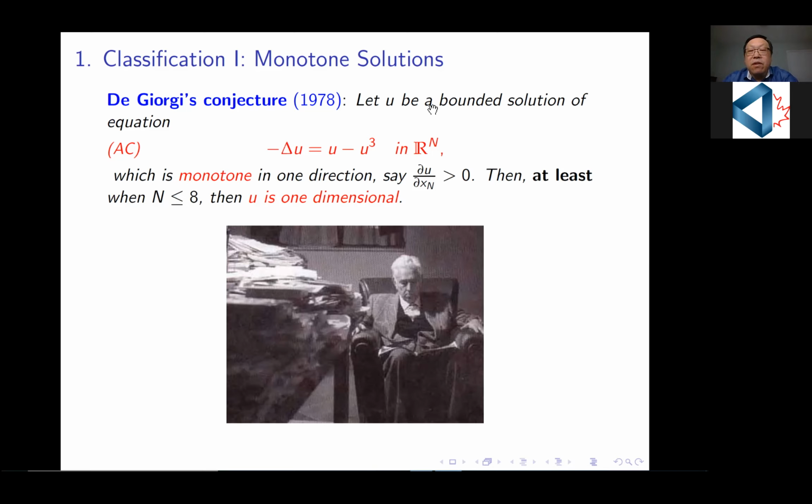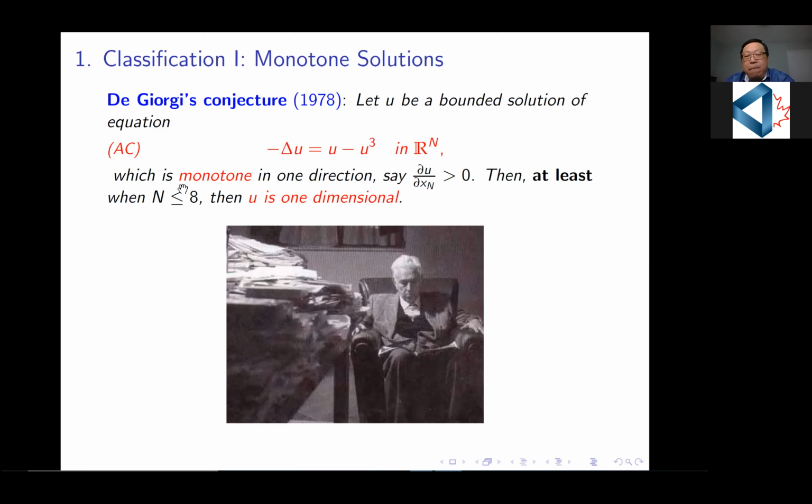If U is a bounded solution of the Allen-Cahn equation which is monotone in one direction, say we know that U is monotone in the last variable, for example, then the conjecture says at least when n is less than 8, U is one dimensional. Now even in 1978, Giorgi already foresaw that there may be something wrong with this conjecture when the dimension is higher. And I will explain why.